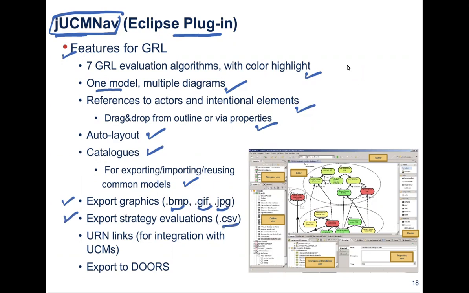Because it uses the GRL notation, which is a subcategory of a notation language to model goals, it also allows the URN links, which are integrated with the UCMs. I will talk about the URNs and the UCMs in the next few slides after the different tools of modeling GRL notations.